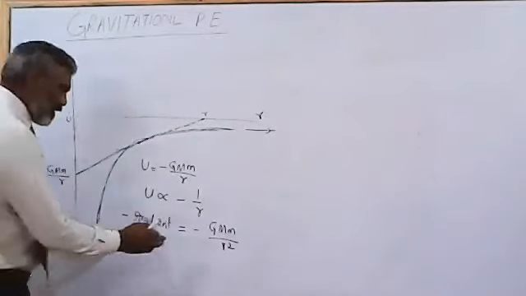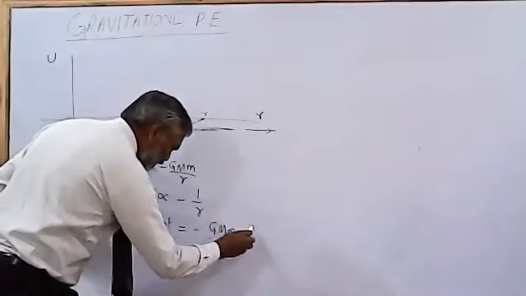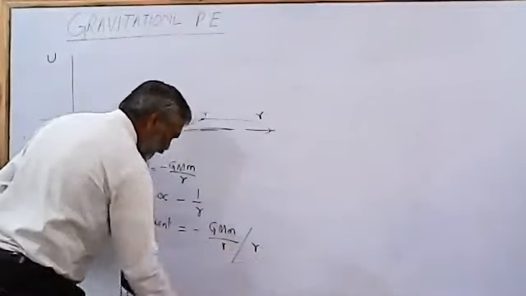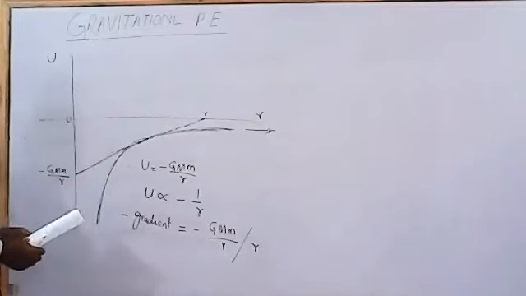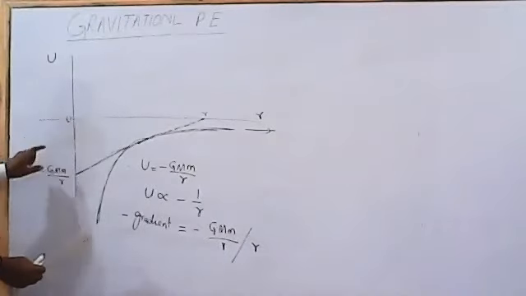This is the gradient. I mean the rise, which is minus GM/r, divided by the run, which is r, because it is r minus 0. So when I simplify it, it is minus GMm/r square. This is small m.